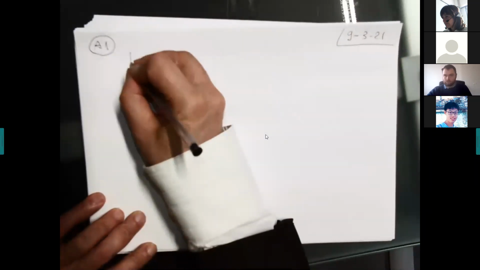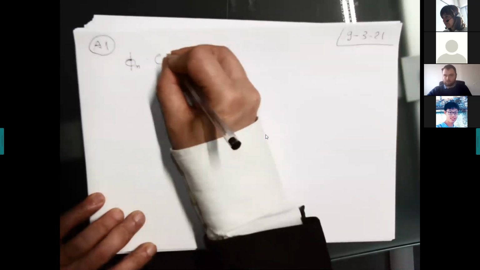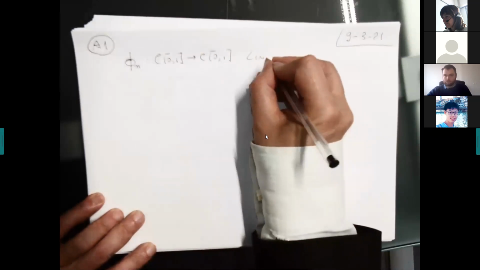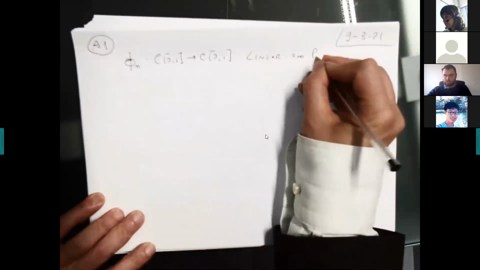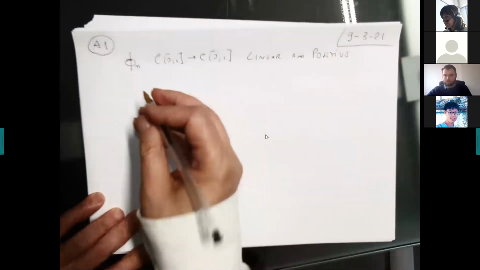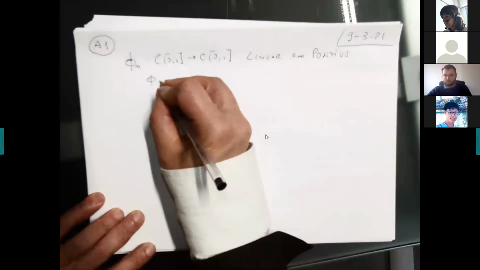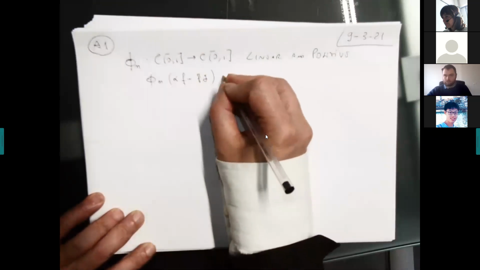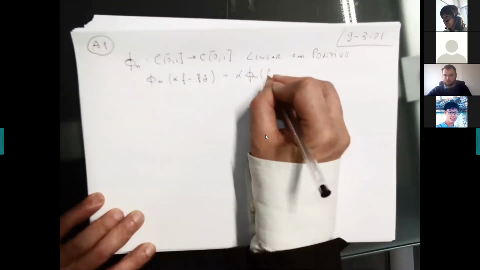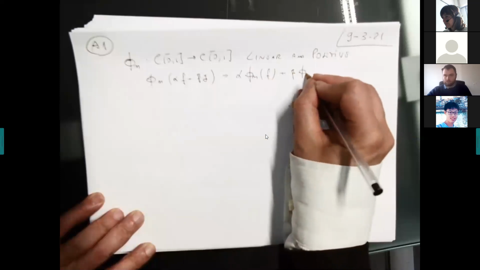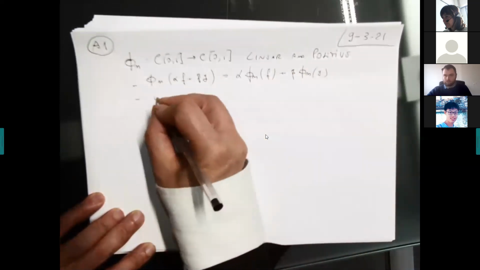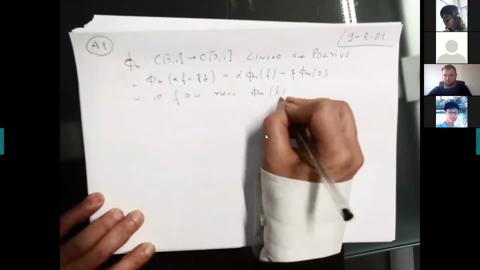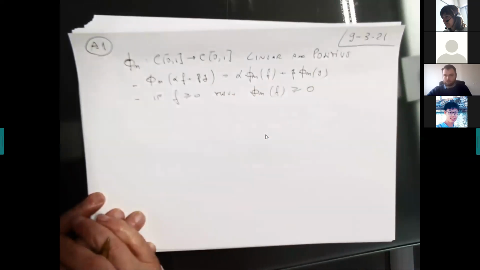Okay, so you have phi n from C01 into C01, which is linear and positive. I give all the steps. So we recall linearity: phi n of alpha f plus beta g will be alpha phi n of f plus beta phi n of g. And then if f is non-negative, then phi n of f is non-negative. Okay, quite standard.